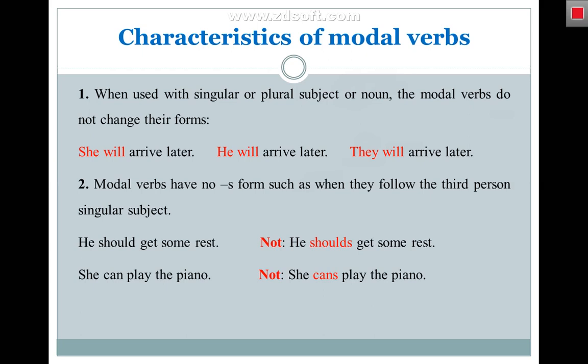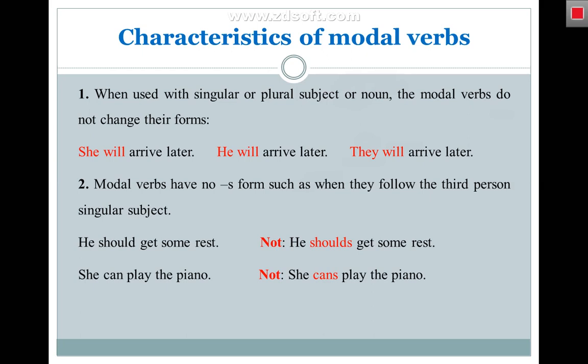The second one is that modal verbs have no s form. If the subject is singular, he, she or it, if you remember the present simple, we say he should get some rest, not he shoulds. We do not add s to the modal verb.